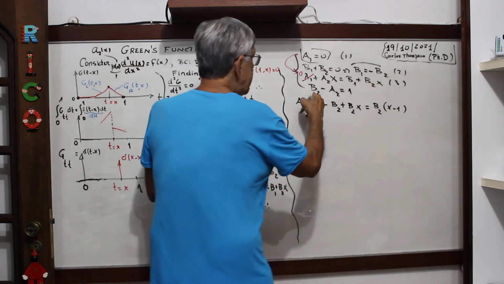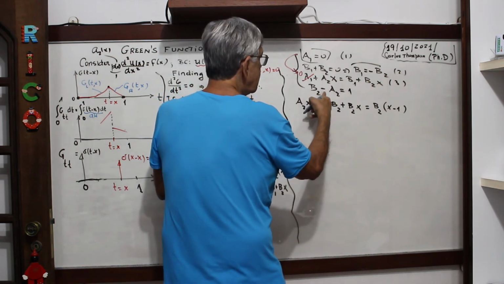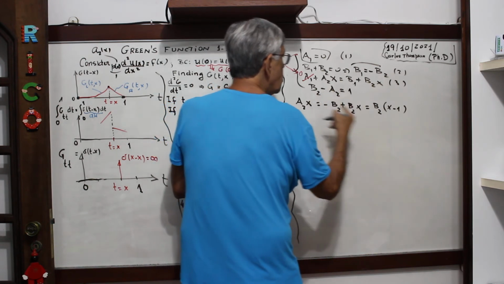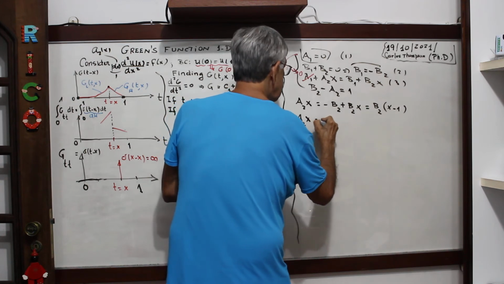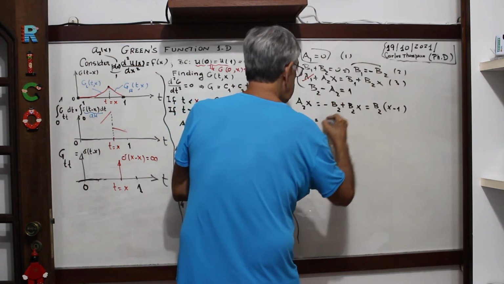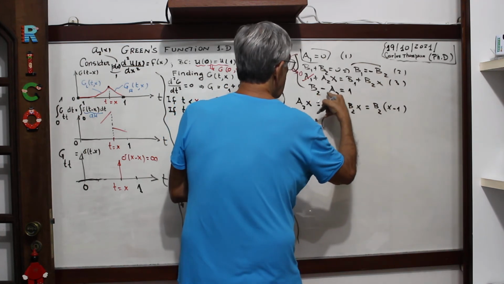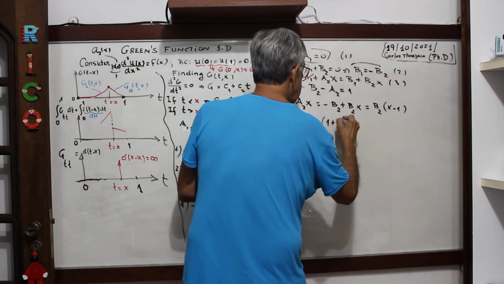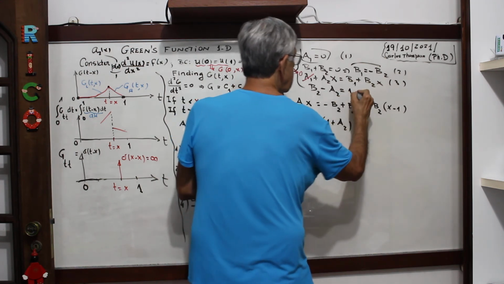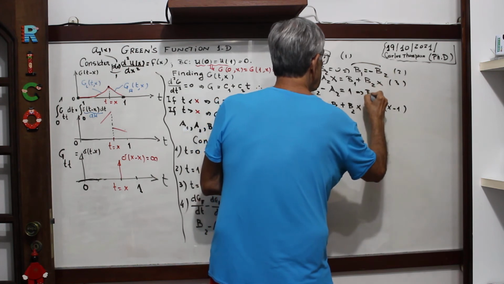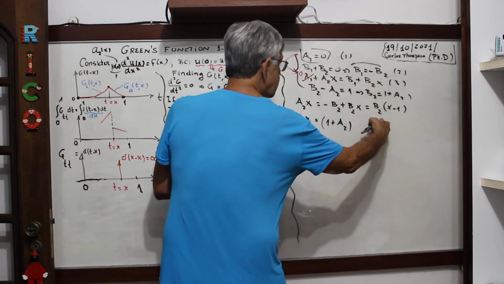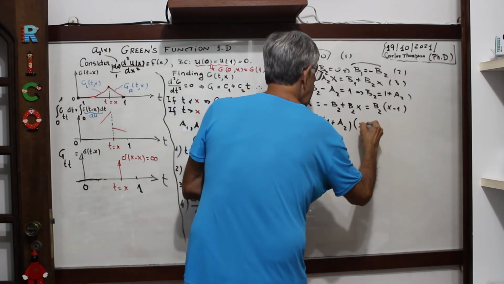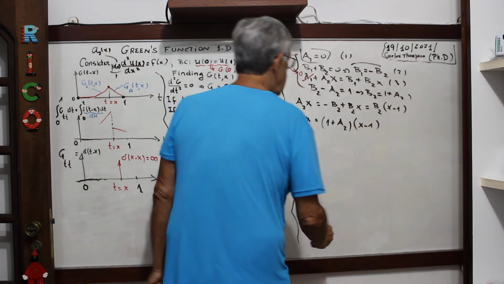Now B2 is equal 1 plus A2, just from here. I just substitute over here, this is x minus 1.